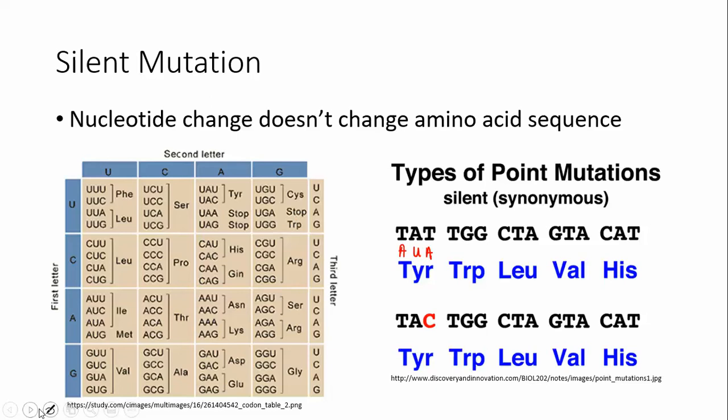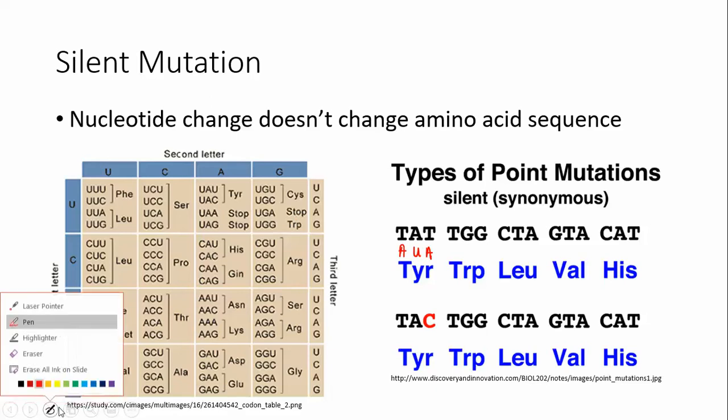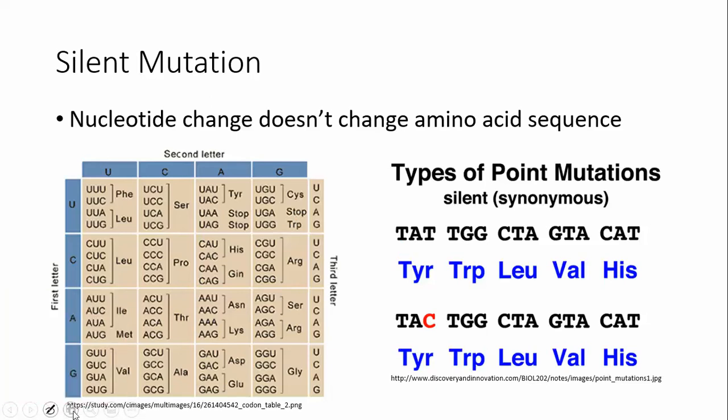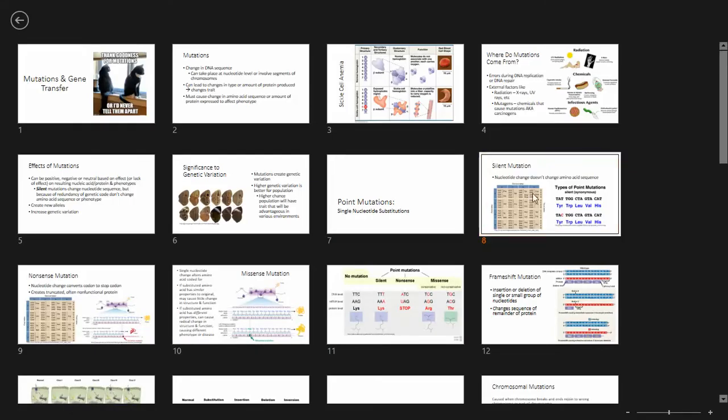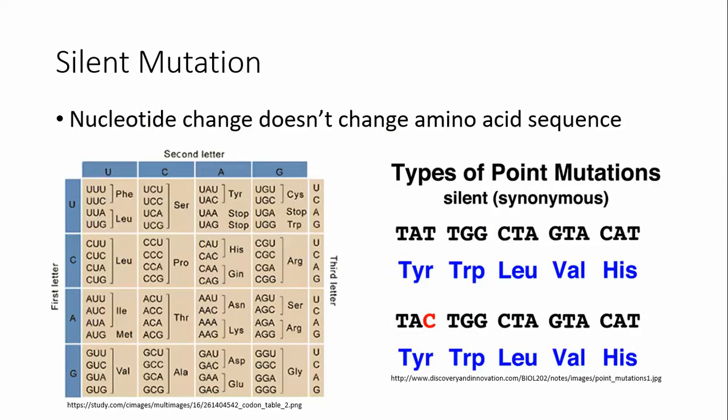Sorry. I thought we were looking at the... I think we were looking at the coding strand, not the non-coding strand. So TAT would actually be UAU if you were looking at the mRNA version. If you look at UAU, that codes for tyrosine, which is what we get.